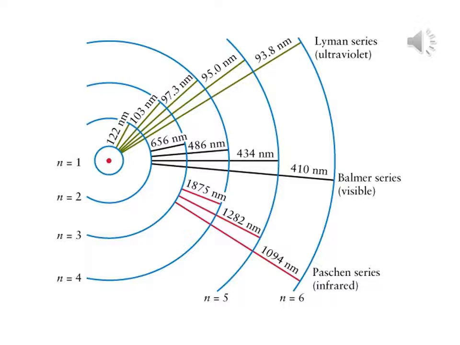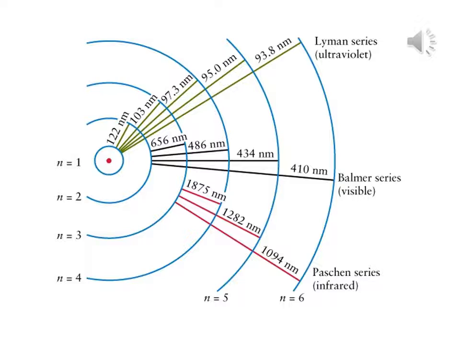From the third to the second energy level, 656 nanometers between wave crests gives us red. 486 nanometers between the fourth energy level and the second energy level gives us a blue. 434 is more towards the violet, 410 is very violet. Those are actual visible lines.